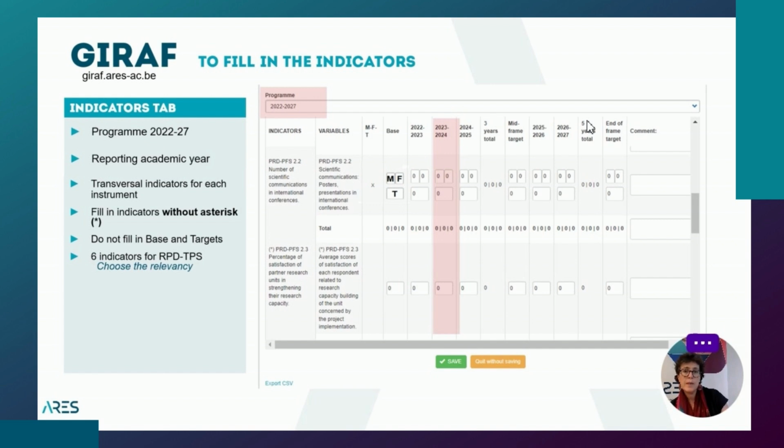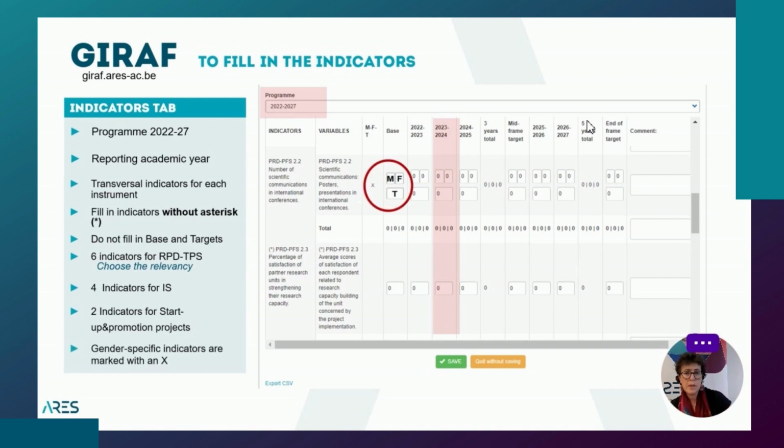If you have a training planned in 2 years, you can put a 0 for the current year, and then in 2 years you will put the right number, or you can choose to put nothing. You have 4 indicators for institutional support, and 2 indicators for startup and promotion projects.